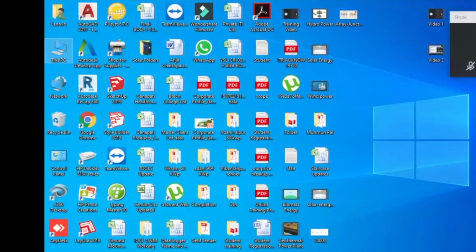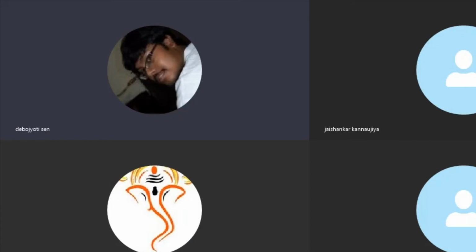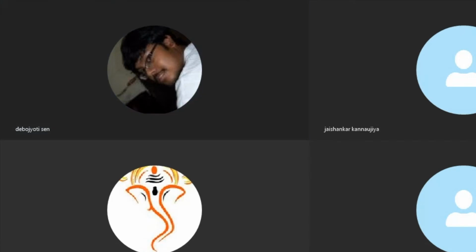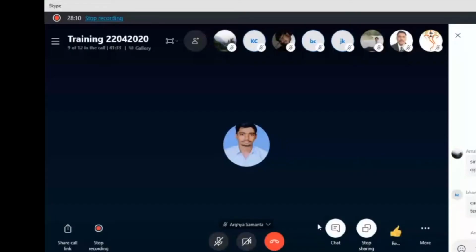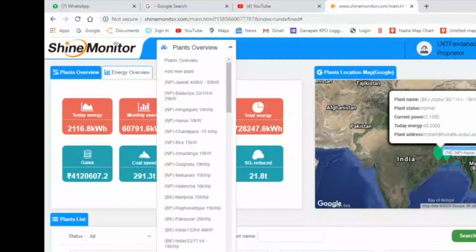Guys, everyone, I hope you can see Arijit's screen. If not, please mention. Arijit, I would request you to please open the Shine monitor.